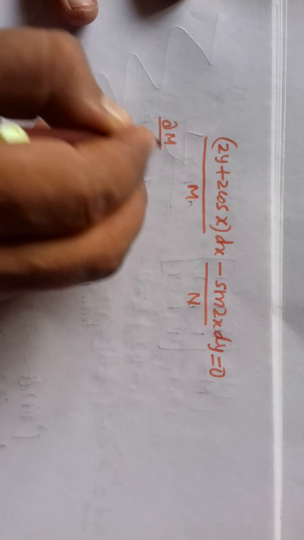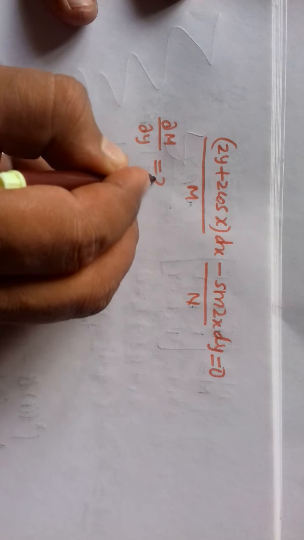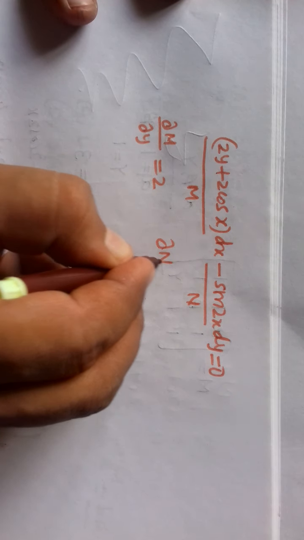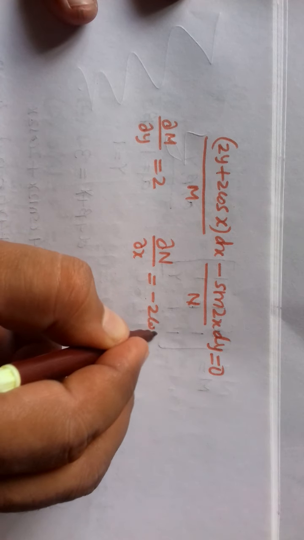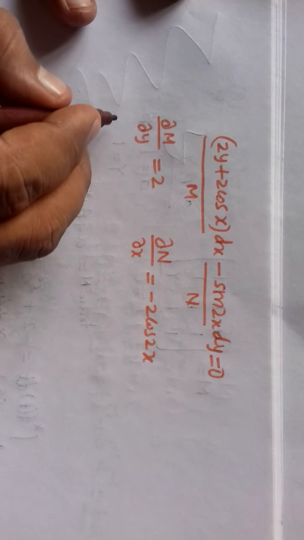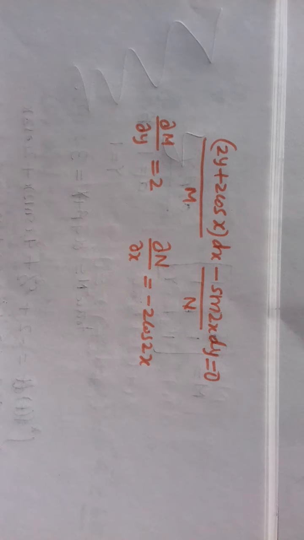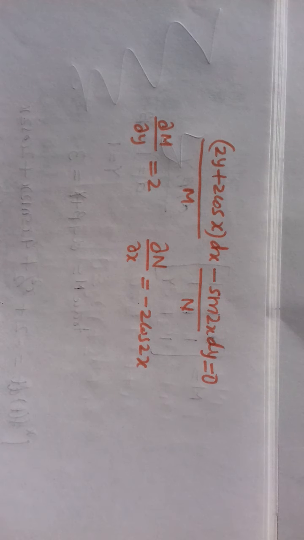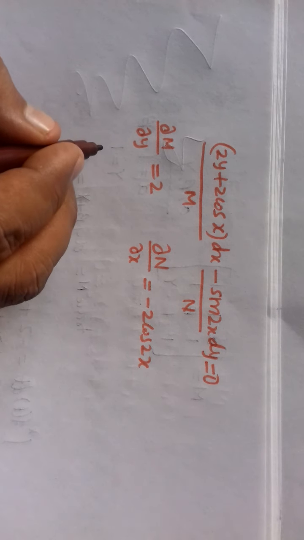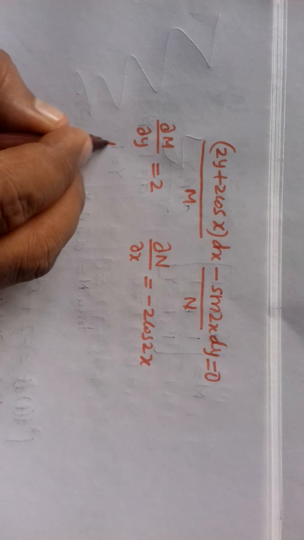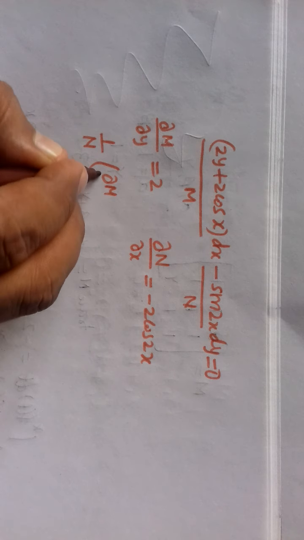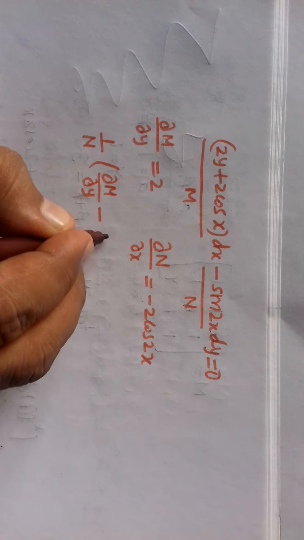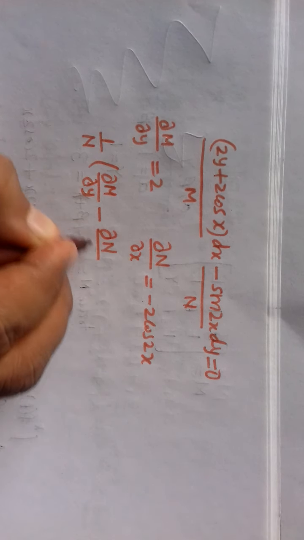Del M by del y equals to 2. Del N by del x equals to minus 2 cos 2x. Now we get 1 by N times (del M by del y minus del N by del x).